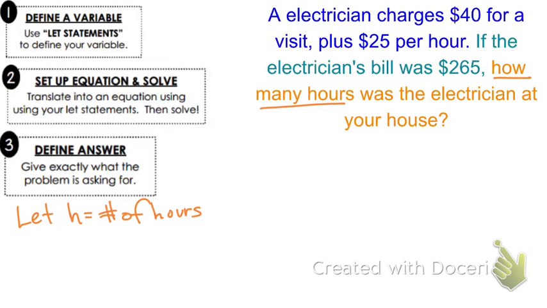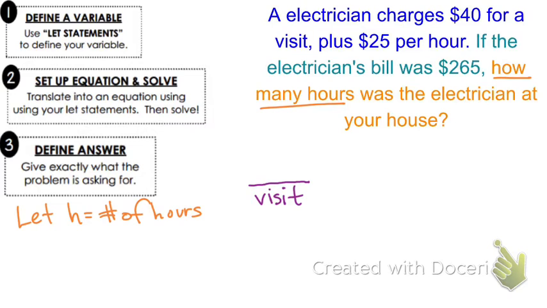Our next step is to set up that equation. So before I jump into putting together some numbers and variables, what I like to do is to set up the structure of my equation. What is going on? I like to think of this as the skeleton of my equation. So the electrician is basically going to be charging me for the visit just to come out to the house.